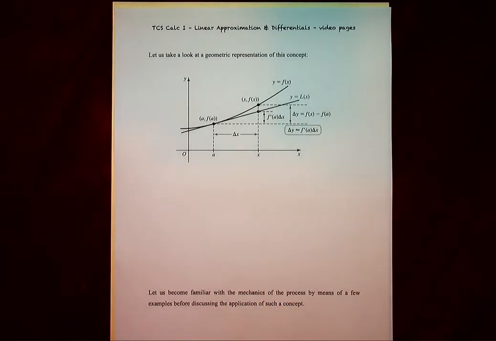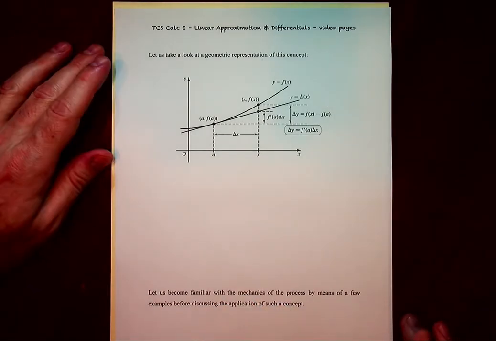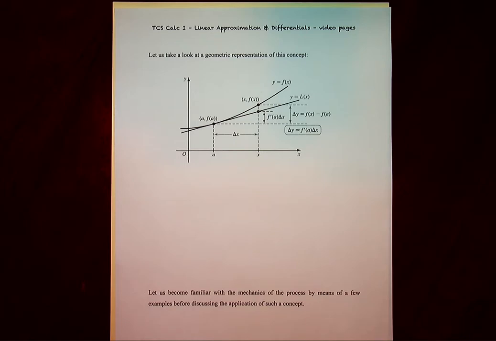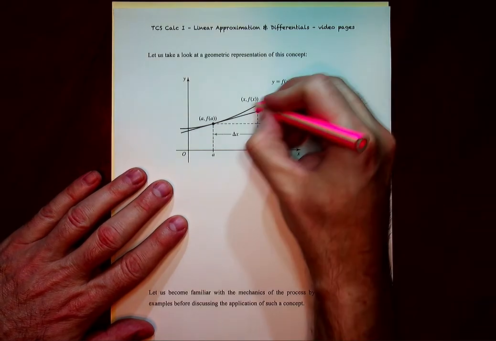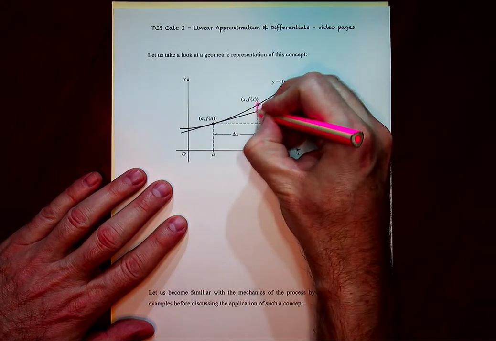Let's look at this particular schematic right here. And basically what we were doing when we were looking at linear approximation is we were finding this point to approximate this point, right?